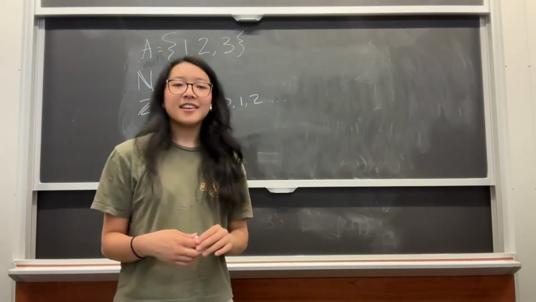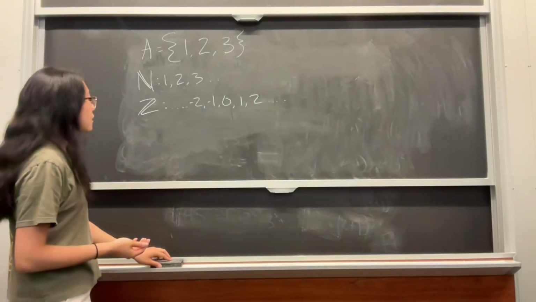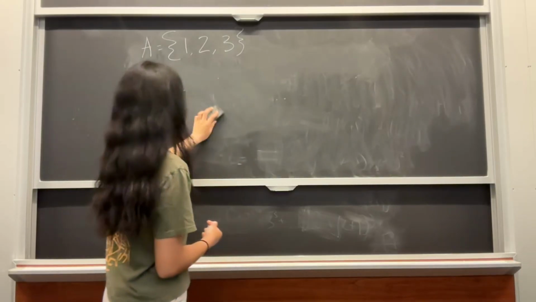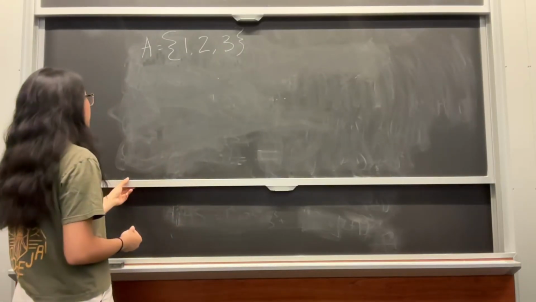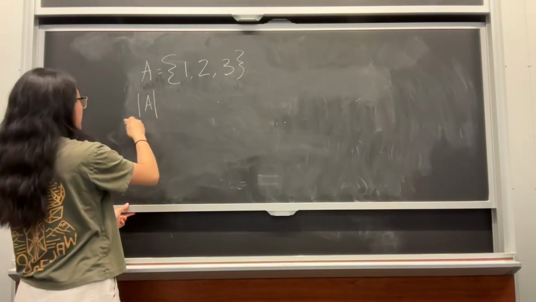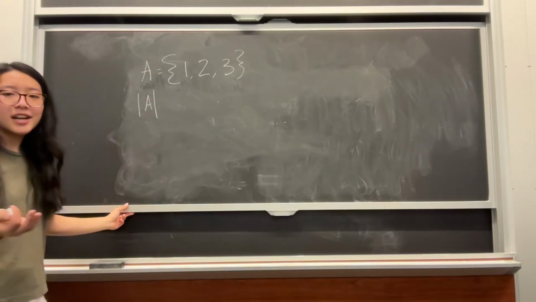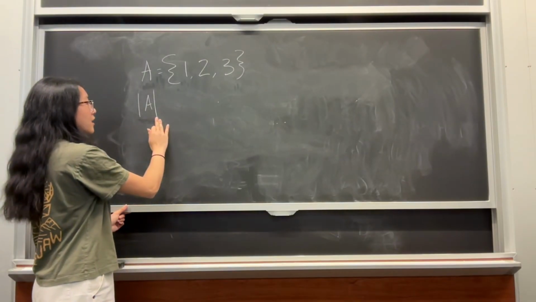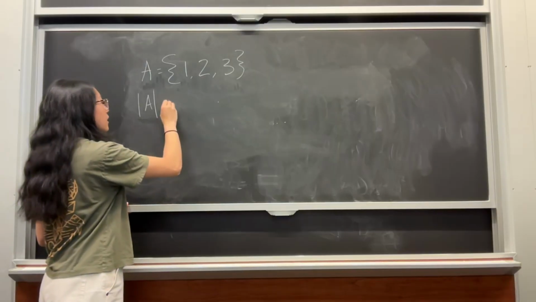And we can. So the size, or the cardinality, of a set can be described using these two pipes around the name of a set. It's kind of like an absolute value. So we have the cardinality of A, that's how you would read that.